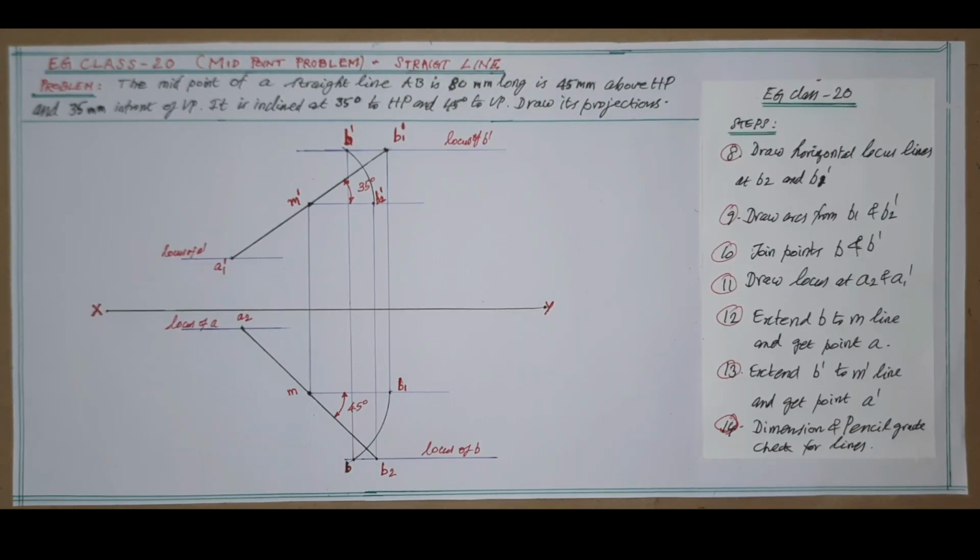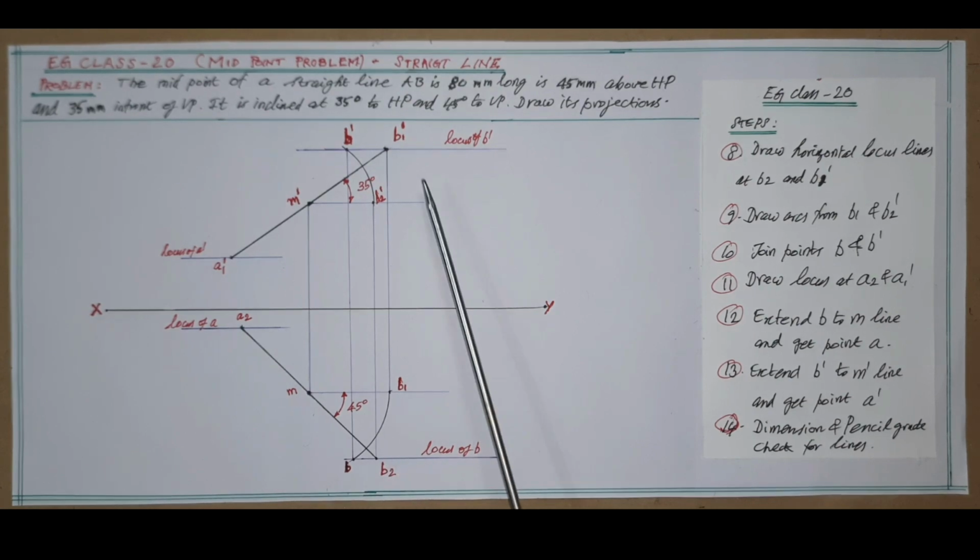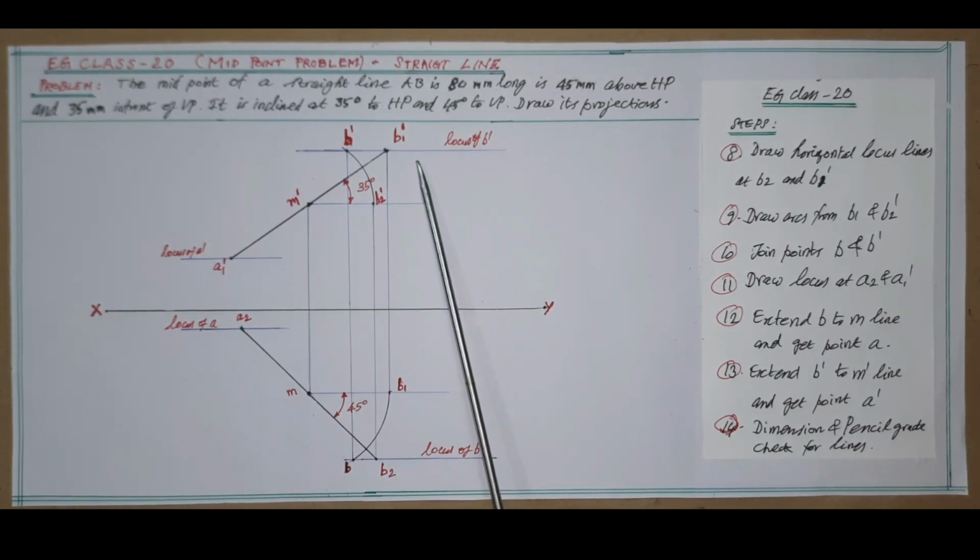Hence, to find the final image ends, as per step 8, first draw locus lines at the true length ends at B2 and B1 dash as shown.